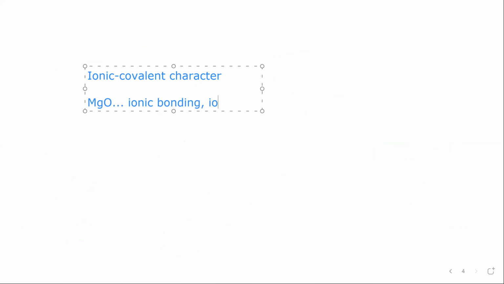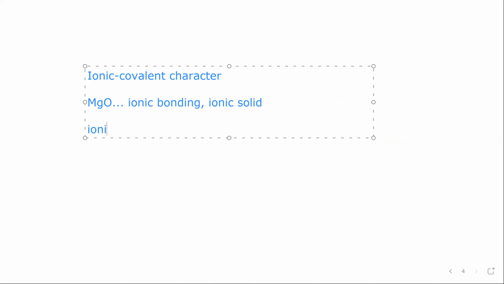But the character is the properties. It has ionic properties and covalent properties.